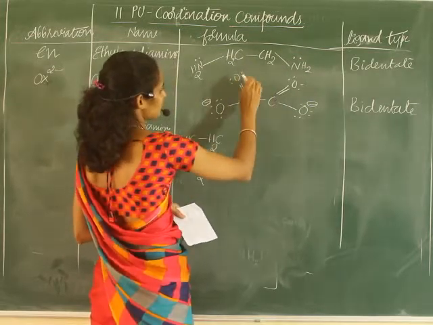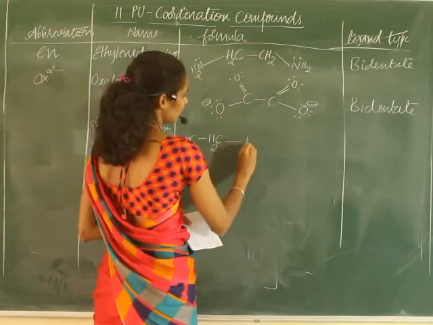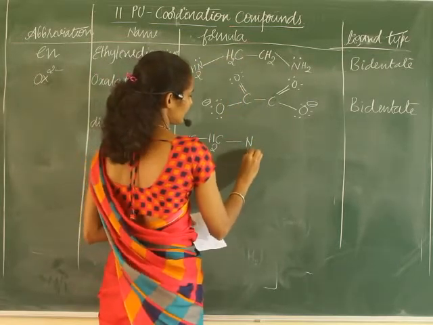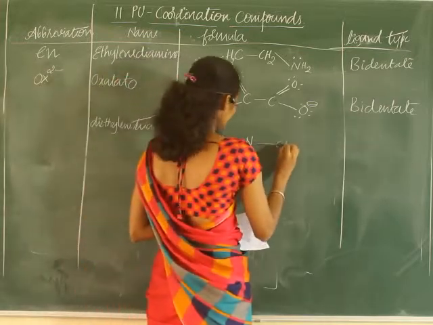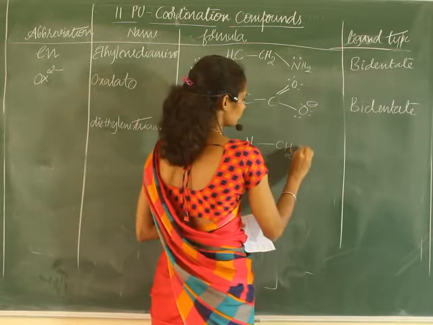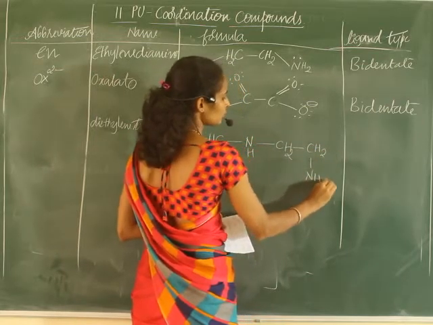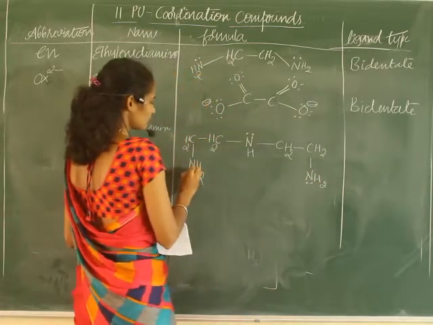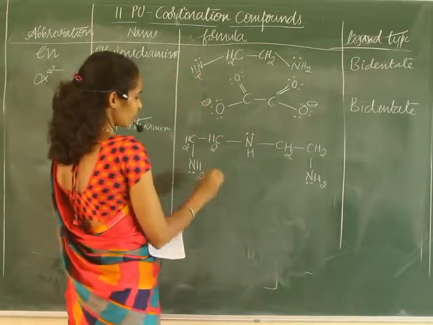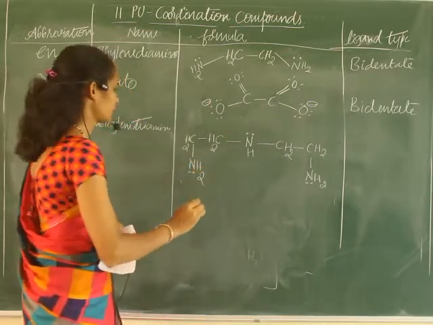Then CH2 NH2, again in between NH group. Once again CH2 and NH2. Here it can donate through 3 nitrogen atoms. 1, 2, 3. Hope it is clear for you.